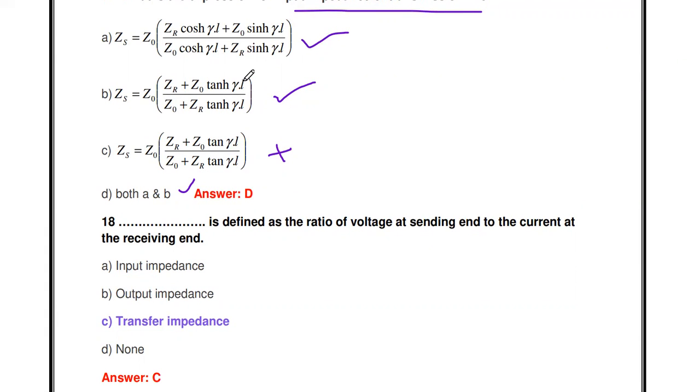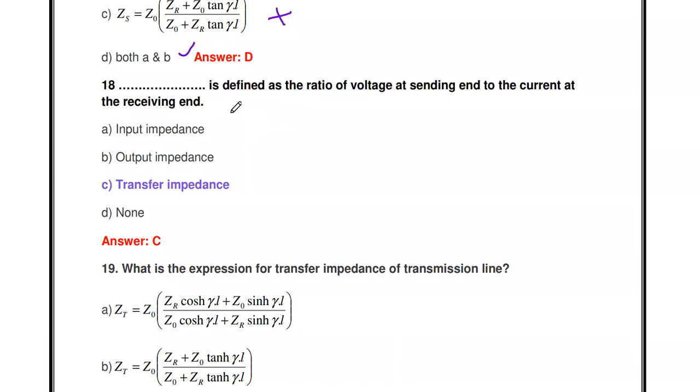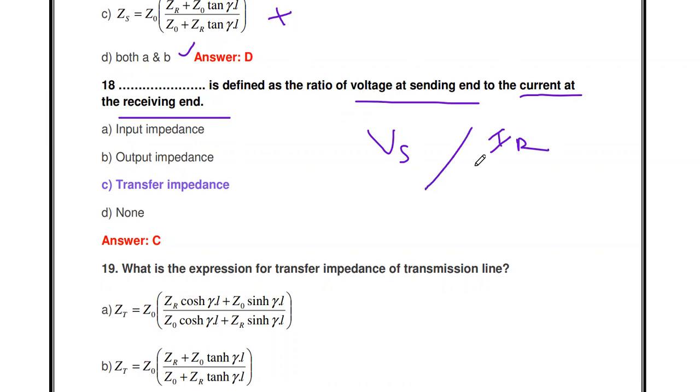The next thing: dash is defined as the ratio of voltage at the sending end to the current at the receiving end, Vs divided by IR. It is said to be the transfer impedance of the transmission line.